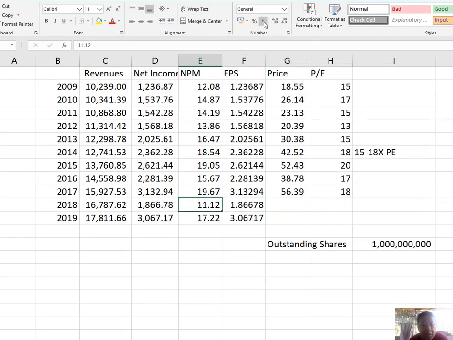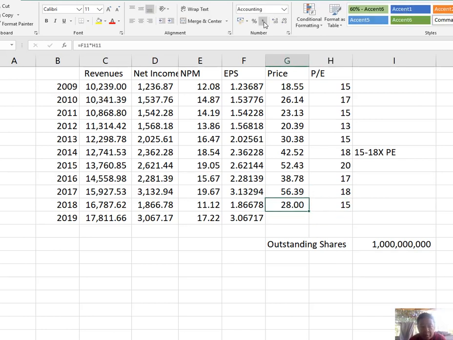But then, look at this, 11% net profit margin in 2018, 1.87 lang ang earnings per share. I'm sure bababa ulit yan. So sabihin siguro ng mga may hawak ng stock, nako talaga yung 18 times valuation, masyadong mataas yan eh. So they dump the stock, and then balik siya sa 15 times per earnings, historical average niya yun, for example, and now nangalahati yung price ng stock.